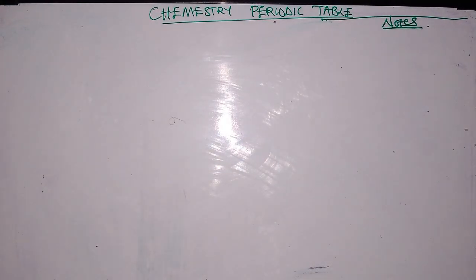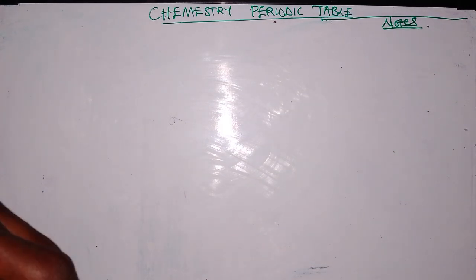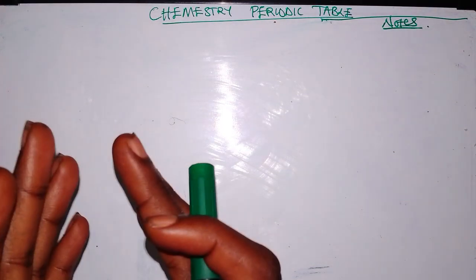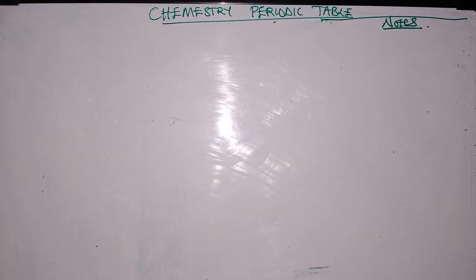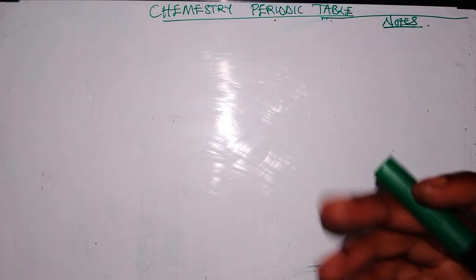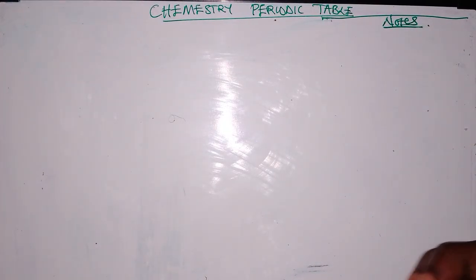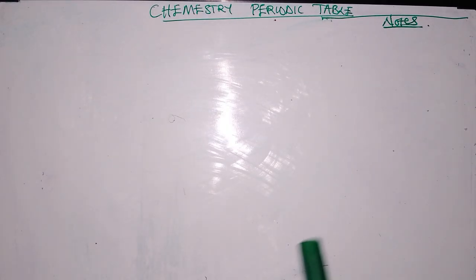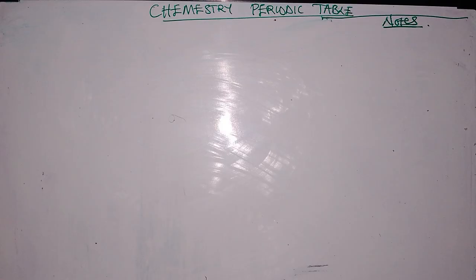So to begin, first you need to understand the definition of the periodic table. What is a periodic table? A periodic table is just a group of elements which are placed in the order of increasing atomic number.